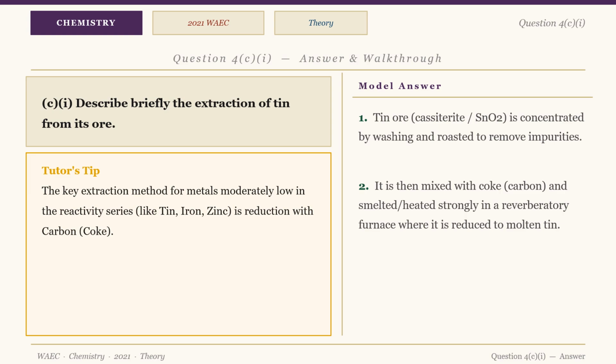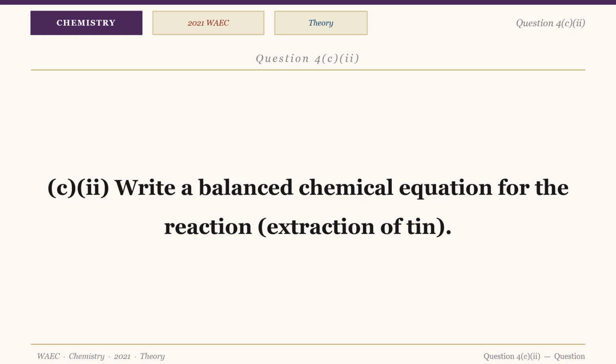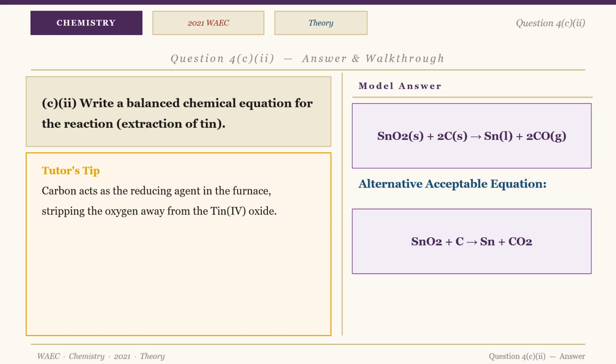Now let's move on. Write a balanced chemical equation for the reaction, which is the extraction of tin we talked about earlier. So now these are the reactions. So we have tin oxide SnO2 solid plus 2 moles of carbon solid will give us tin molten in liquid form plus 2 moles of carbon monoxide gas.